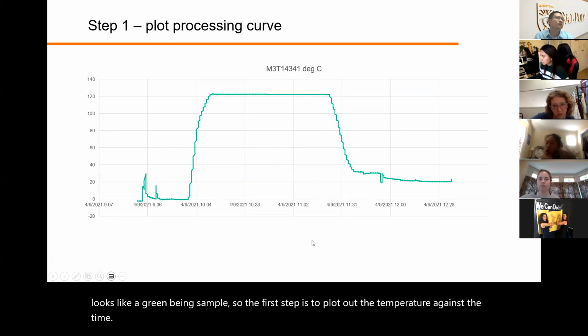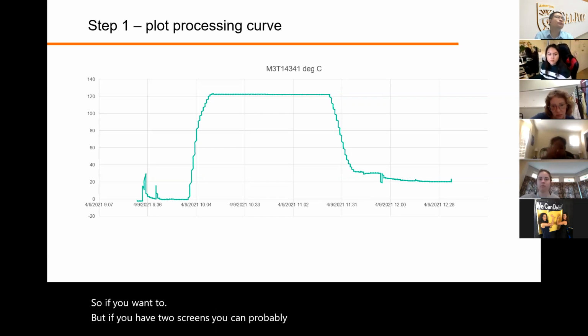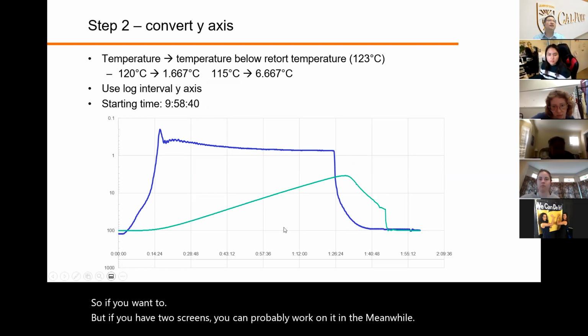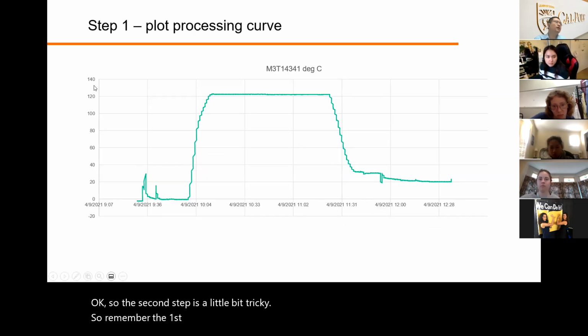If you have two screens, you can probably work on it in the meanwhile. Okay, so the second step is a little bit tricky. Remember in the first step we plotted the y-axis as the processing temperature.